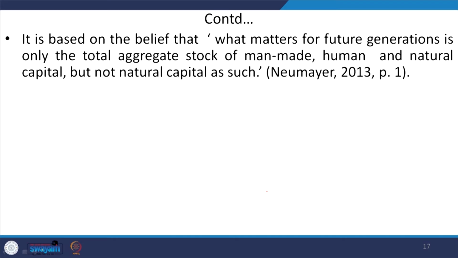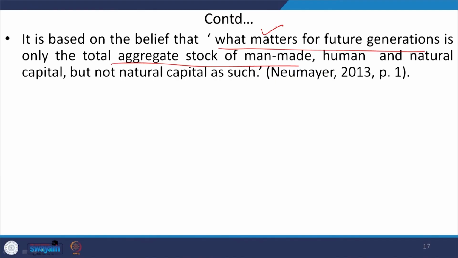So, we can say that weak sustainability is based on the idea that what matters for future generations is only the total aggregate of stocks of man-made capital, human capital and natural capital. It is not that natural capital is taken as such.